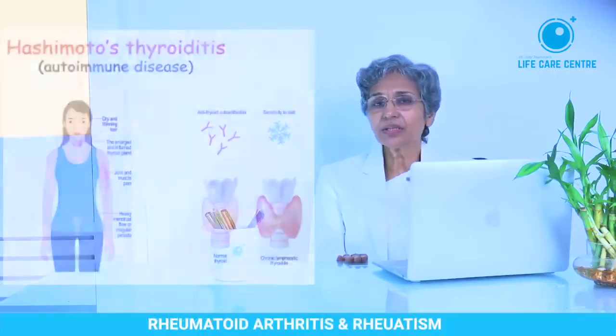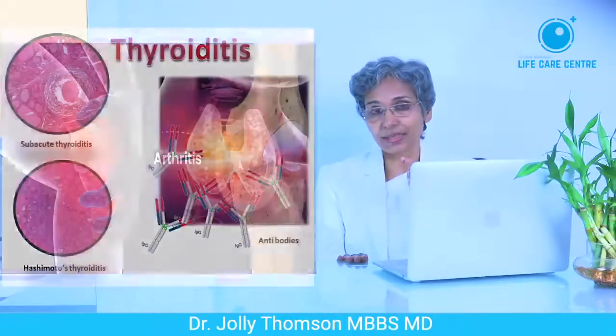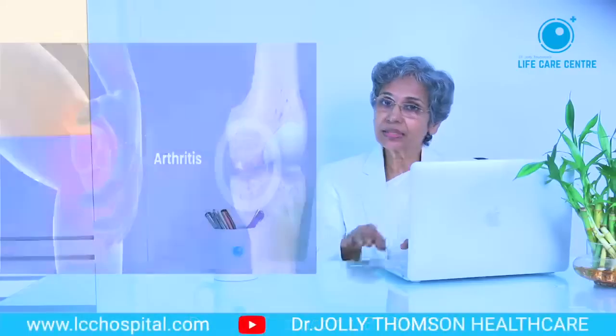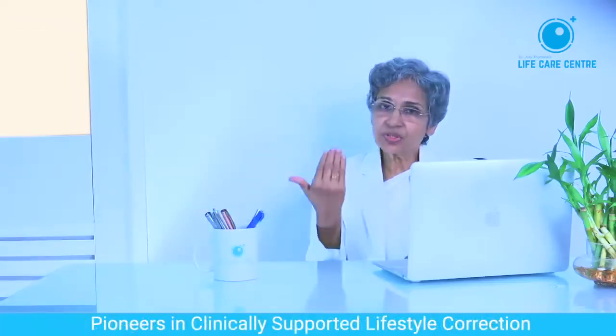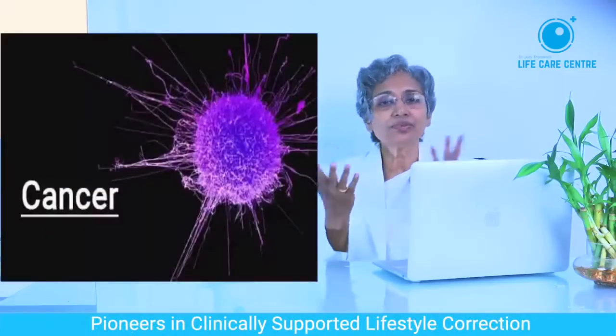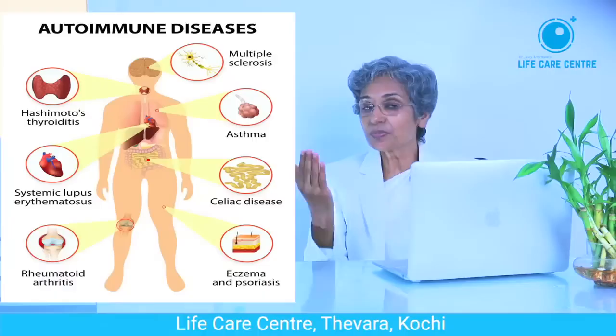Either the thyroiditis comes first and then the arthritis, or rheumatoid arthritis comes first and after a few years the thyroiditis comes. Many patients who report with cancer also have an autoimmune disease, which presented first, and then it goes into cancer.